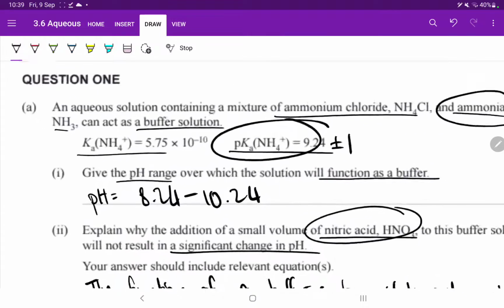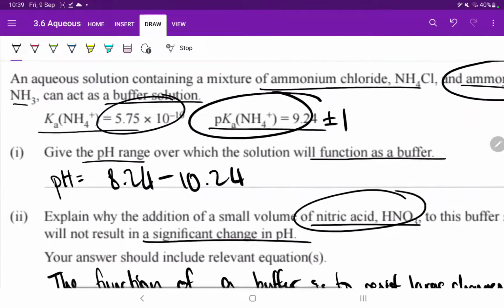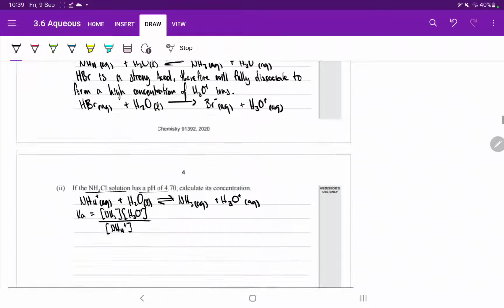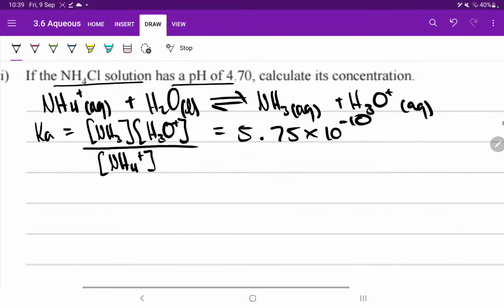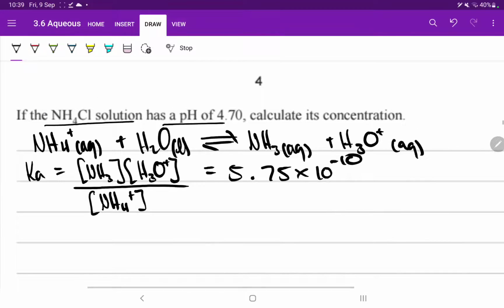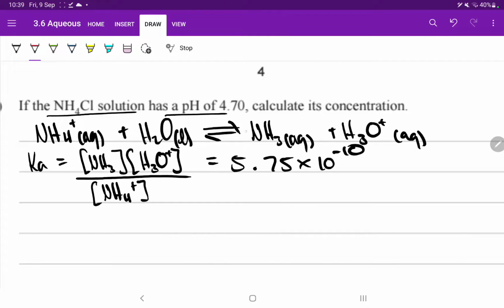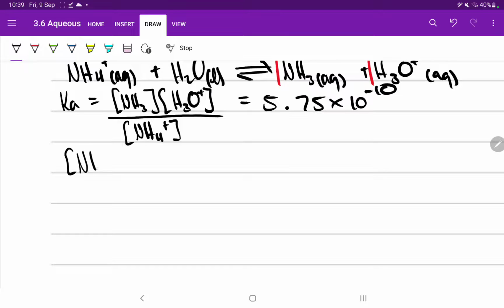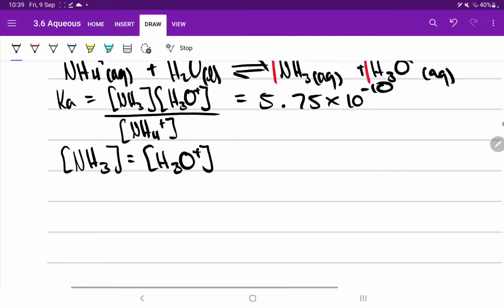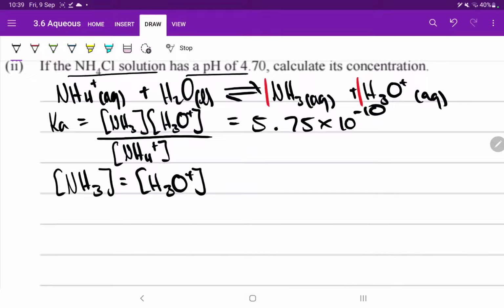Yep, so Ka of ammonium is 5.75 times 10 to the negative 10. Now notice here that the concentration of ammonia is equal to the concentration of hydronium ions because the molar ratio is 1 to 1.